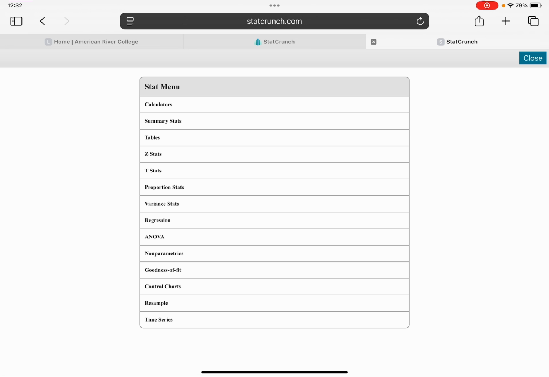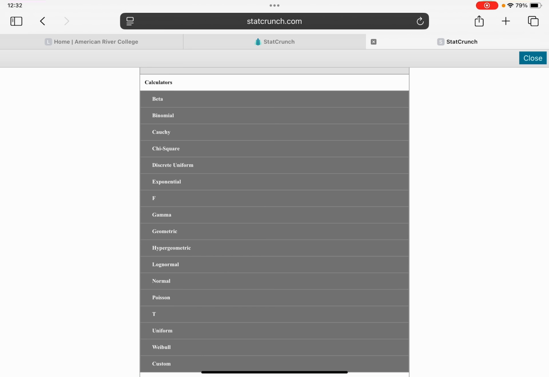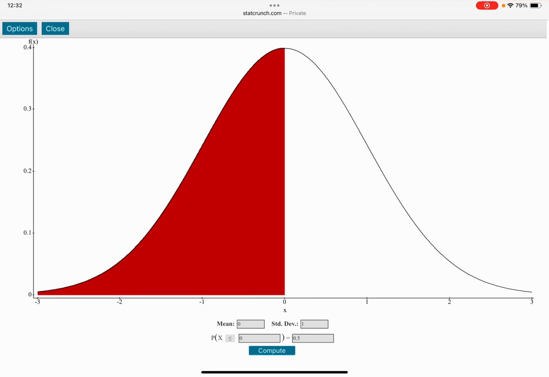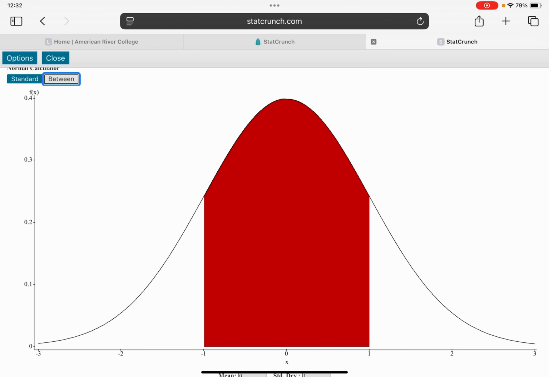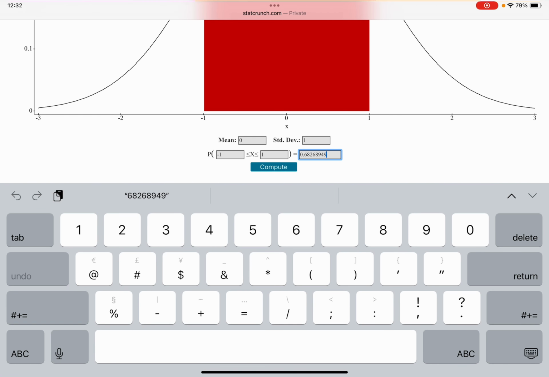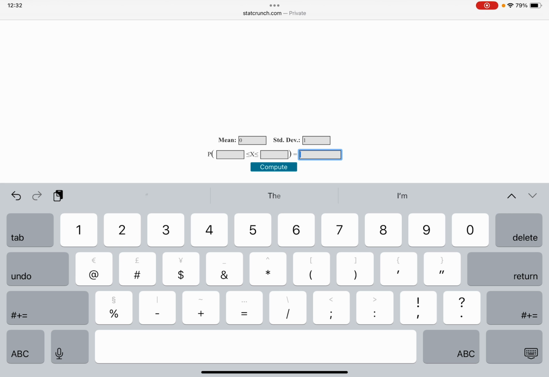So that's under Stat, Calculators, Normal, right? So this looks familiar. Okay, and then I'm going to click the between option, and I'm going to put the confidence level in that area box. Right, so it was 0.85 for this problem, and I compute.